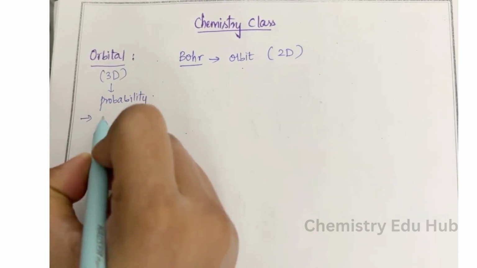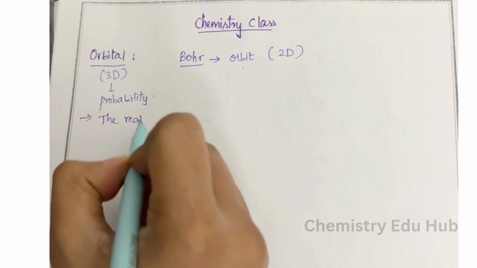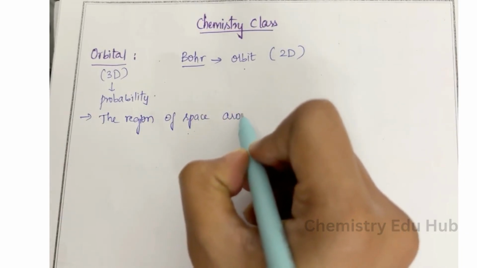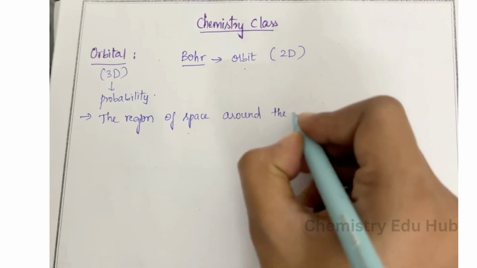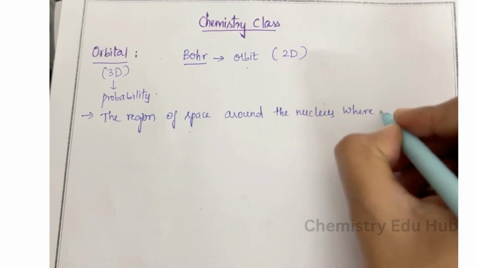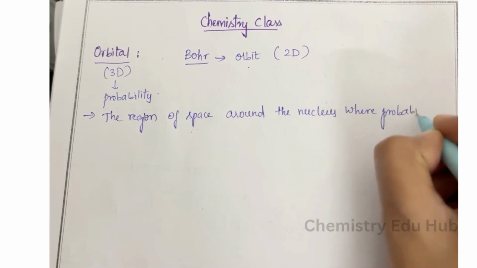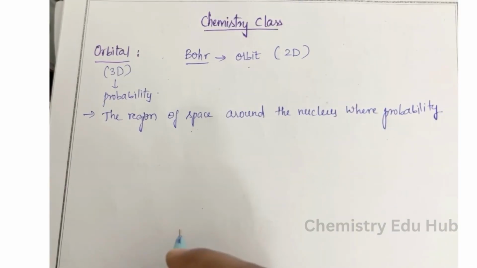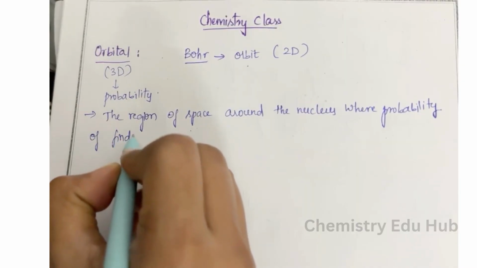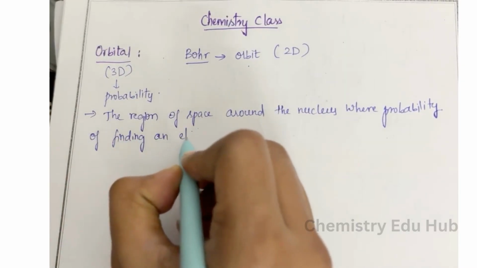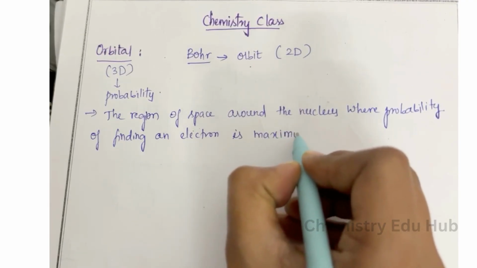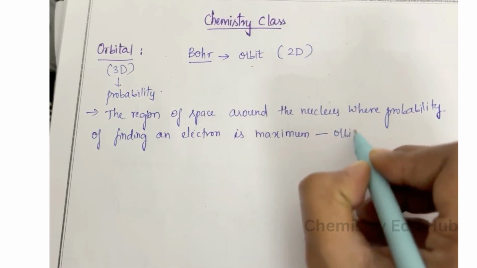The definition is the region of space around the nucleus where probability, that is the possibility of finding an electron, is maximum. That means such region is called orbital.